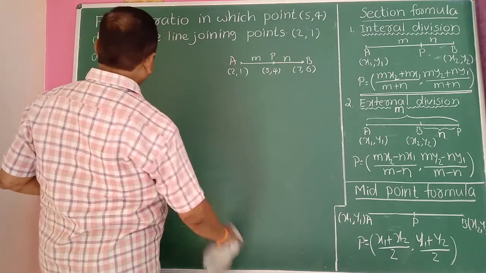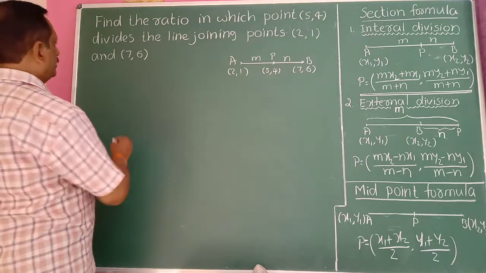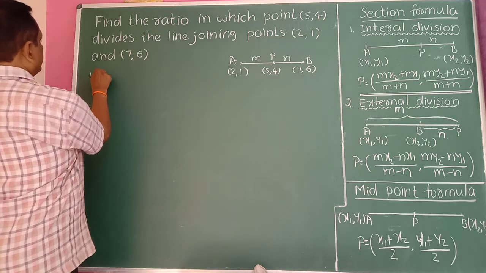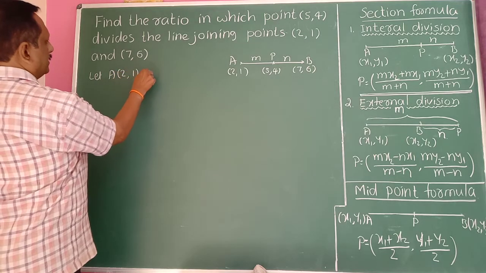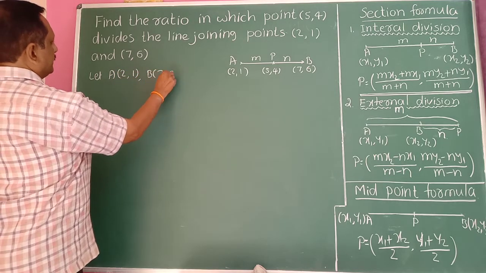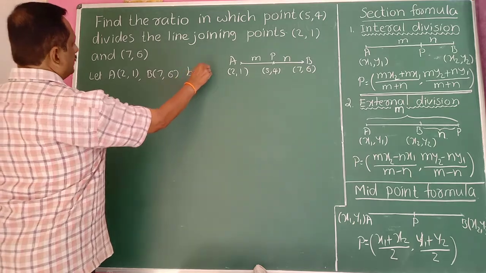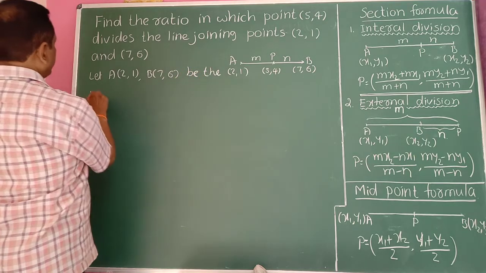Okay, so therefore let A(2, 1) and B(7, 6) be the given points here.